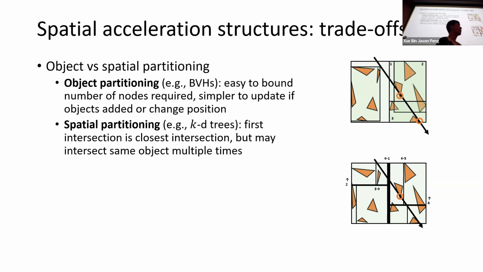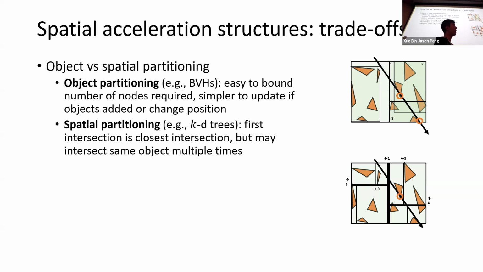Another advantage of a BVH is that it's a bit easier to update the BVH when objects move around. So if objects in the scene are moving, then to update a BVH, it can be as simple as just adjusting the size of the bounding volume to fully contain all of the objects inside. So this kind of update can be performed fairly efficiently.